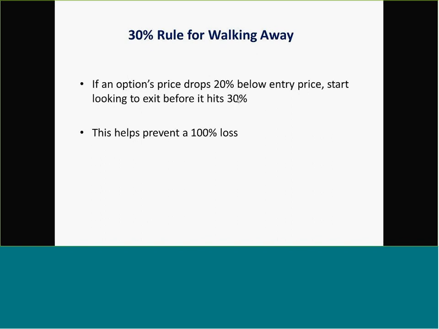You had bad timing, you were wrong for whatever reason. So we want to start looking, and I usually look at my positions once a day. I don't follow them very closely, but if I see that the price of an option is starting to drop, if it gets around 20% below my entry price, then I start monitoring it, and then if it hits 30%, then I simply want to exit the trade.